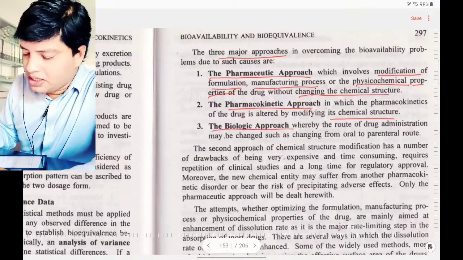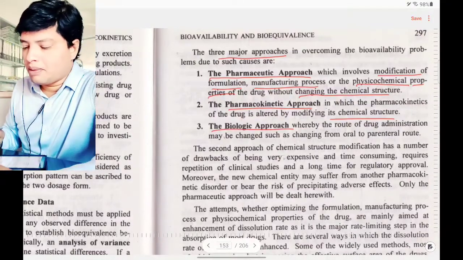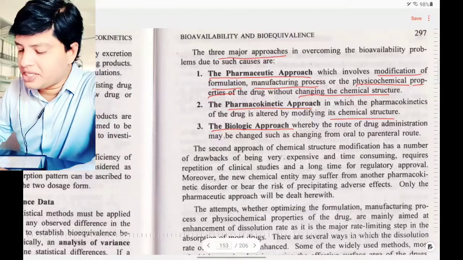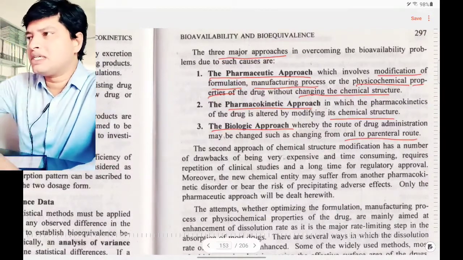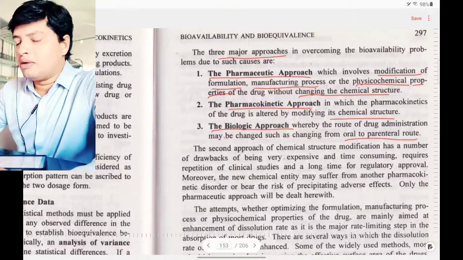Next, the biological approach. What is the biological approach? Here the route of administration is changed, such as changing from oral to parenteral route. It is simple: if your drug has a bioavailability issue, you just change it from oral to parenteral route.